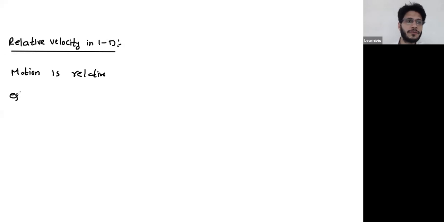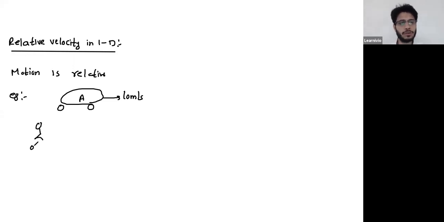Let's prove this from an example. Let's say I have a car A. It's moving with some velocity of 10 meter per second. There is one observer on the ground. When this observer observes car A, he would say that car A is moving with a velocity of 10 meter per second.